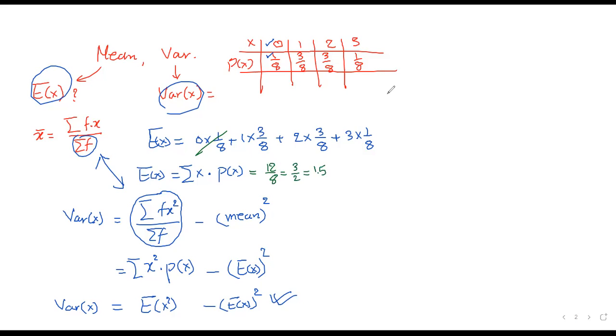Now if the mean was given, they will say find the mean of 4x minus 1. So the mean was changed by this linear equation. So I'll say 4 times 3 over 2 minus 1, that's 6 minus 1, that's 5. So this is the new mean that you will get.